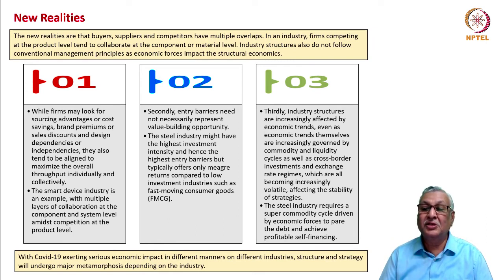The key materials, metals, precious metals that are required for these sunrise technologies and the new generation products which will occupy the mainstream industrial development are severely constrained. These materials are not easily available. Similarly, liquidity cycles, cross-border investment, and exchange rate regimes are all becoming increasingly volatile. These affect the stability of strategies.